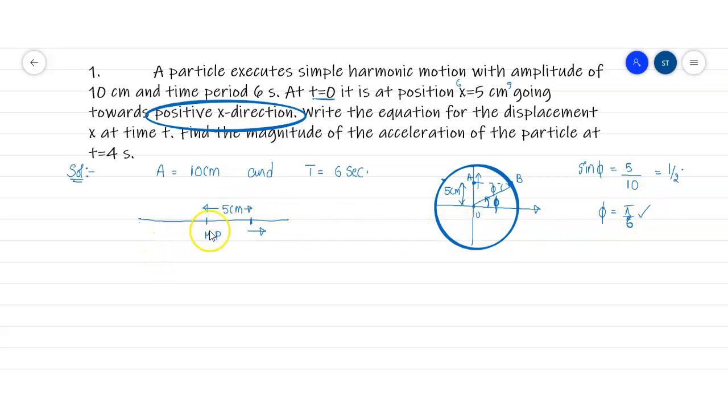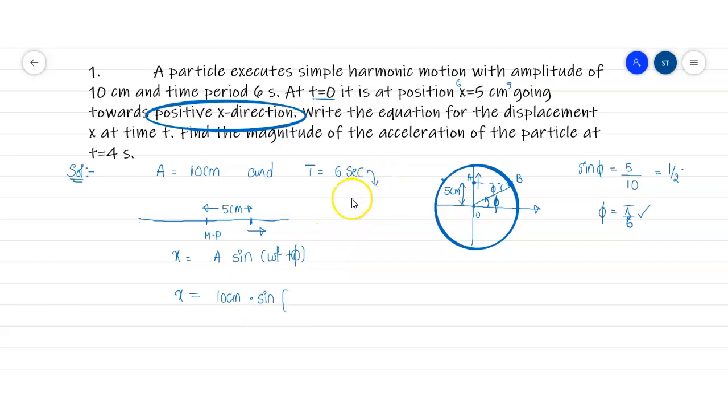So when the mean position is at origin, the general equation of SHM can be written as x is equal to a sine(omega t plus phi), where omega t plus phi is the total phase and phi is the initial phase. So here we know the values, we will substitute one by one. So here x will be equal to a, which is 10 centimeters, into sine of omega t. Here time period is given.